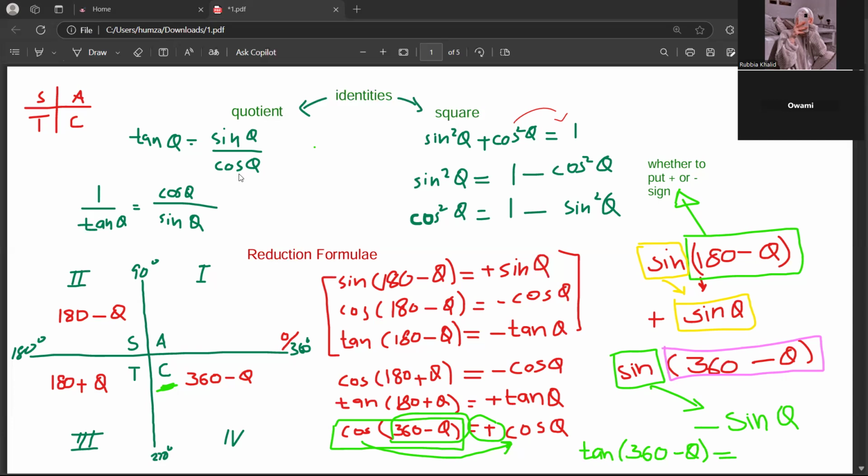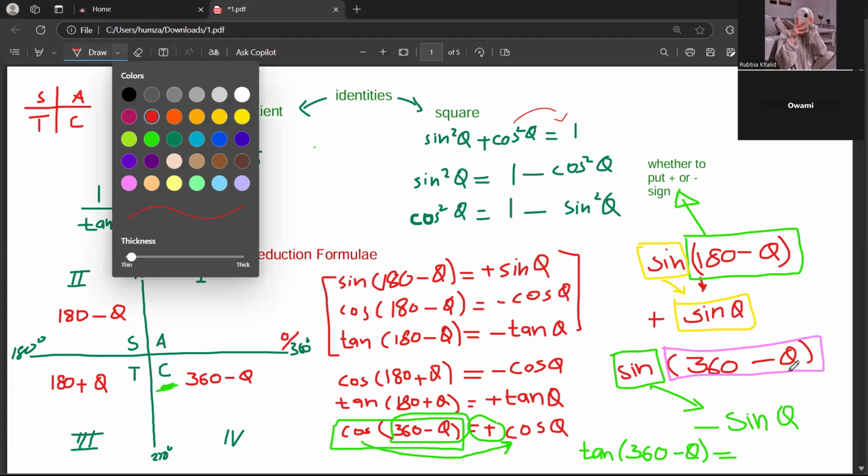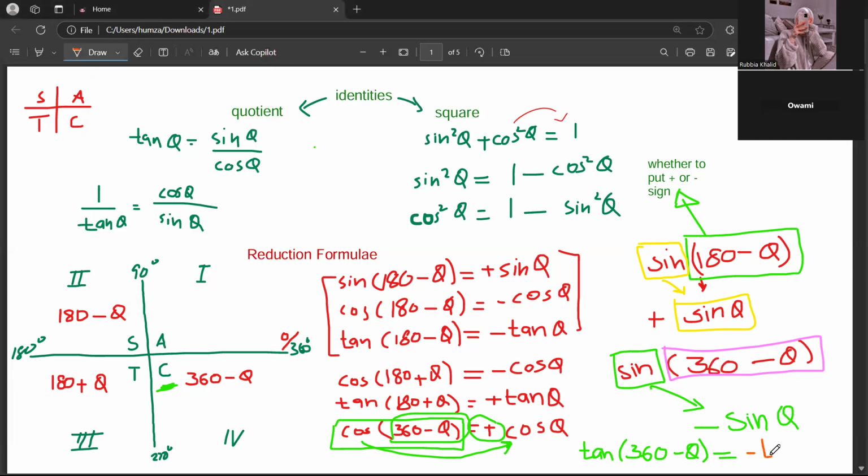Tan 360 minus theta. Very good. So this will give us the value of negative tan theta.